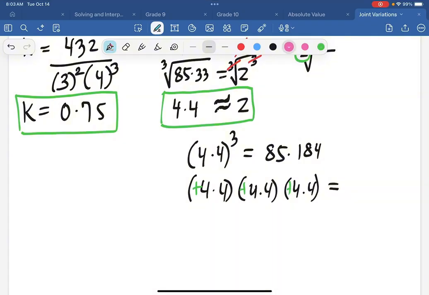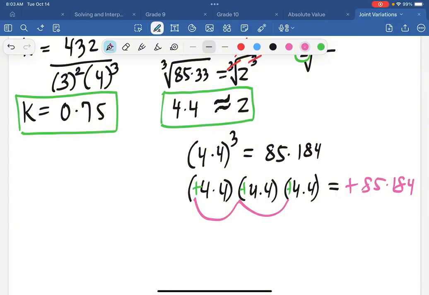So positive times positive is positive, and positive times positive is also positive. That's why we get positive 85.184. However, unlike extracting square roots, where we use positive and negative answers, we cannot use negative 4.4 this time.